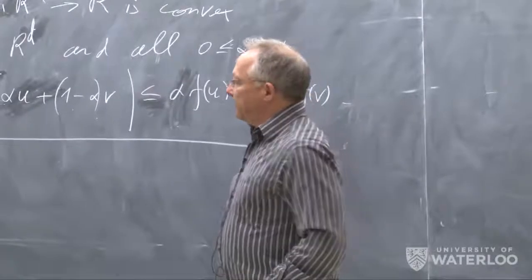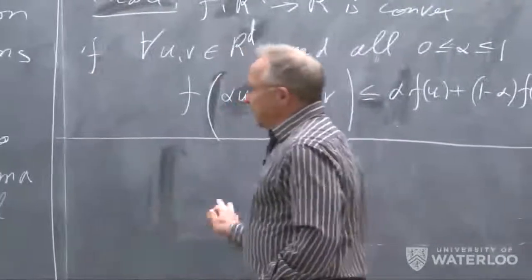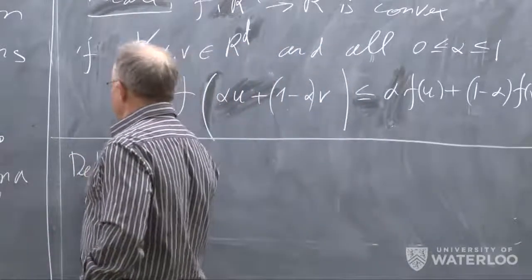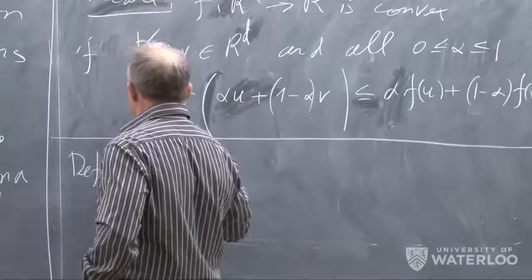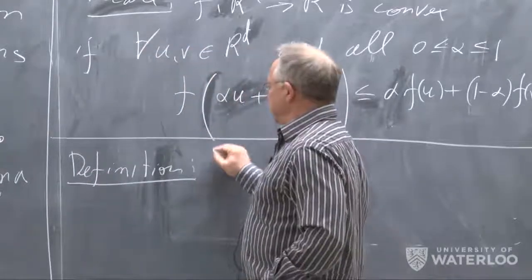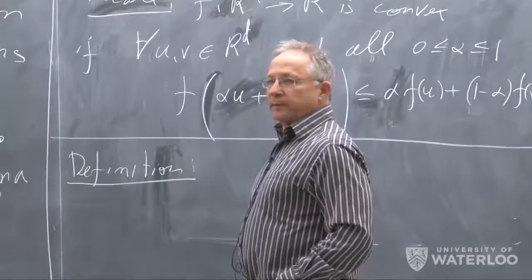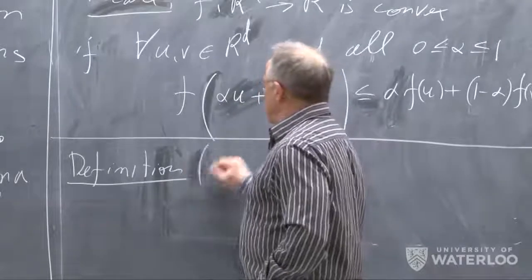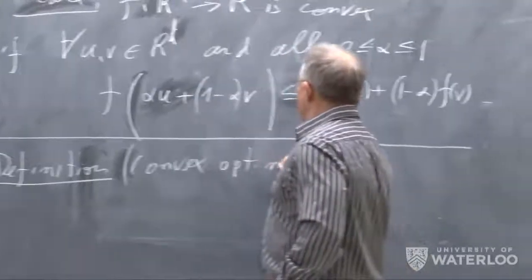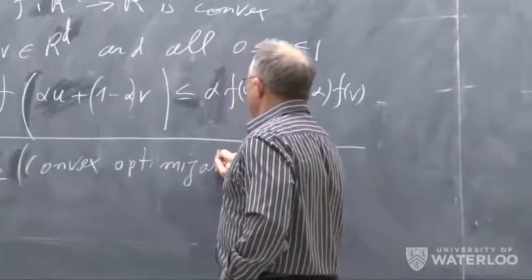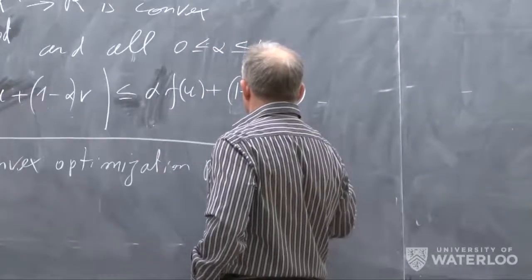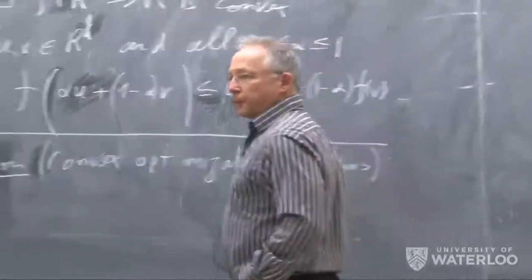Now I'm going to define the first two new definitions. The first definition is a notion of a convex optimization problem. These are problems as follows.